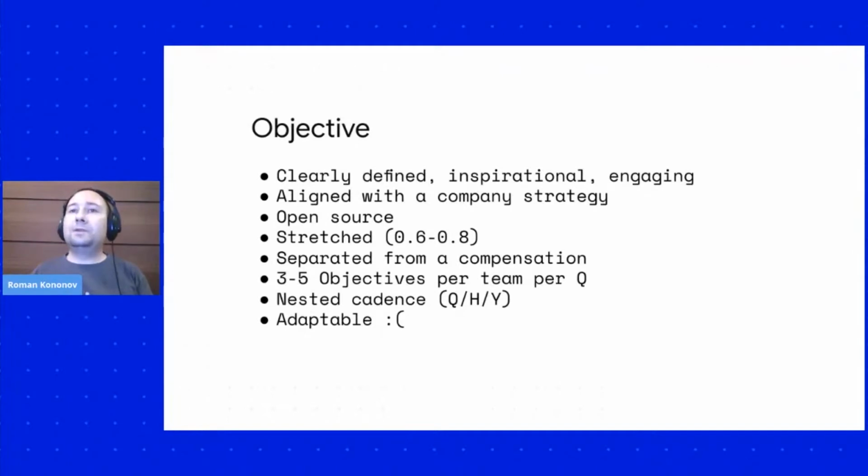OKRs should be stretched. You should not very easily achieve the objective that you have set before. It should be something that is 60% definitely possible to do, or 80%, but not 100%. That's why it should be stretched a bit more than you can do, a bit more than you could achieve.